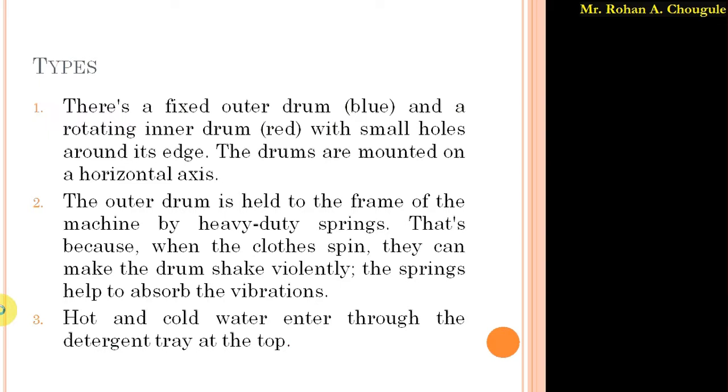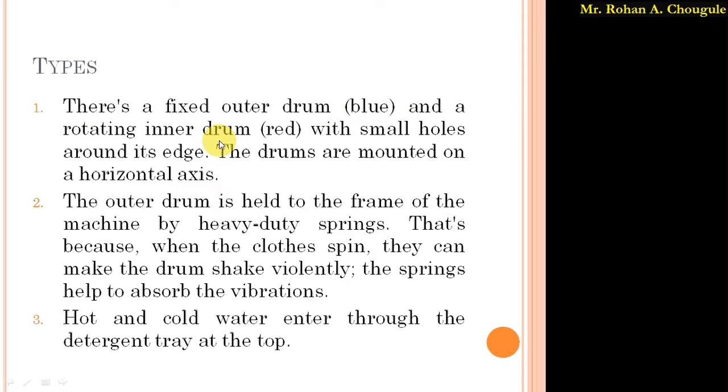In the front loading washing machine, as we have discussed, there are two main parts, that is two drums. First is the outer drum and second is the inner drum. The outer drum is shown in blue and the inner drum is shown in red.